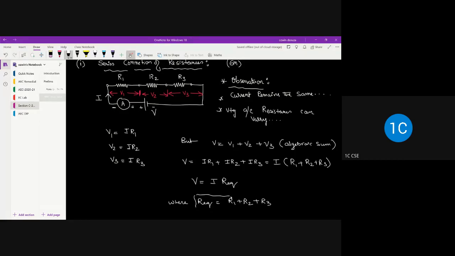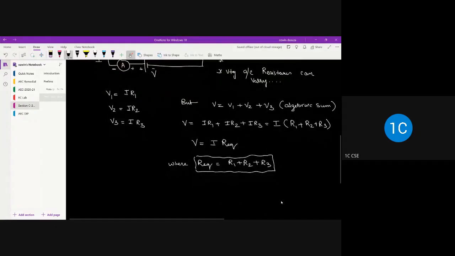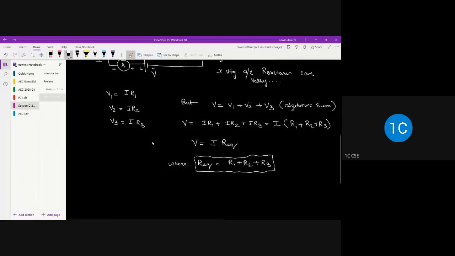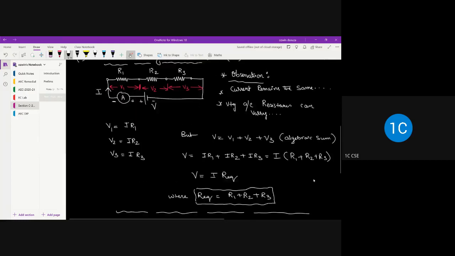So whenever the resistors are connected in series, the total resistance or the equivalent resistance is going to be the sum of the individual resistances. So this is the expression for series connected resistances. We have already studied.